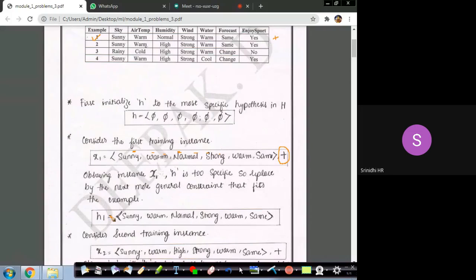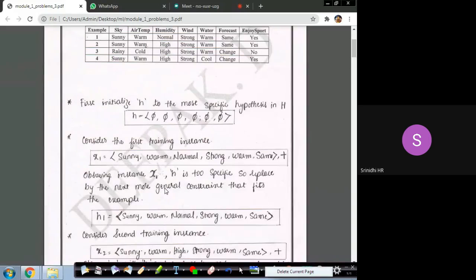Since H1 is too specific, it must be changed to fit the positive example. So I'll replace H1 with x1. Hypothesis 1 will be the same as x1, that is sunny, warm, normal, strong, warm, and same, considering it as a positive example. Okay, next.